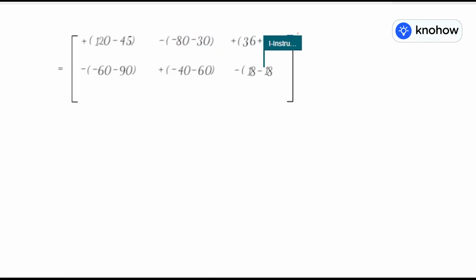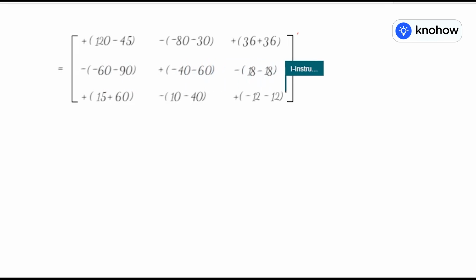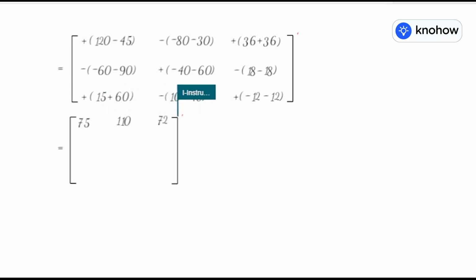The cofactors in the third row will be plus 15 plus 60, minus 10 minus 40, and plus minus 12 minus 12. So you work out, you get adjoint A as the transpose of 75, 110, 72, 150, minus 100, 0, and the elements of the third row as 72, 0, and minus 24.